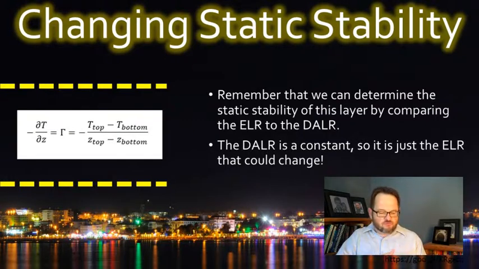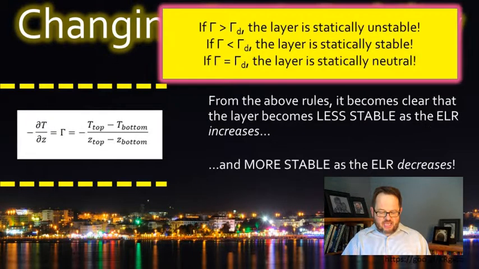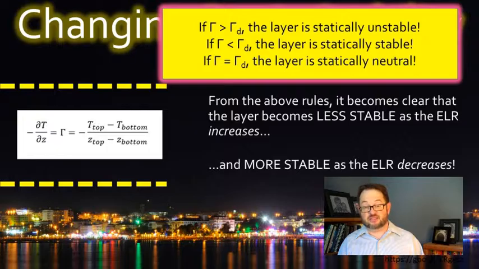Well, I gave you over there on the left how we figure out the environmental lapse rate, gamma, of this layer, and I copy and pasted over here our three rules about how we use gamma and gamma_d to figure out the static stability of the layer. Is it statically stable, statically unstable, or statically neutral? I invite you to pick through that a little bit and think: if gamma_d is constant, for big values of gamma, this is what happens; for little values of gamma, this is what happens.